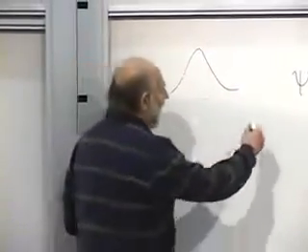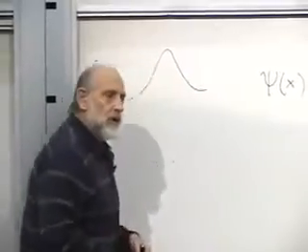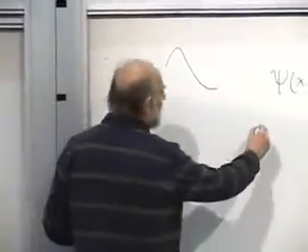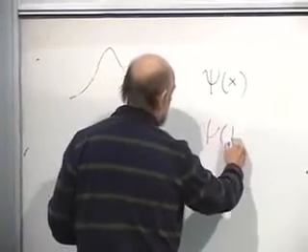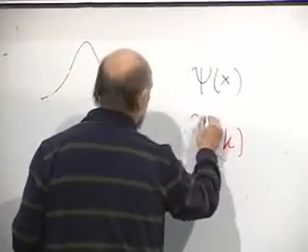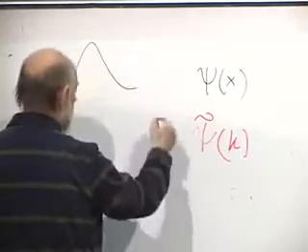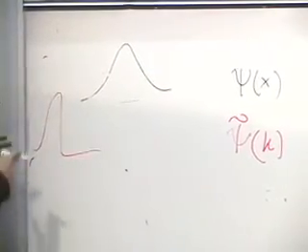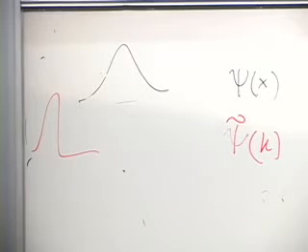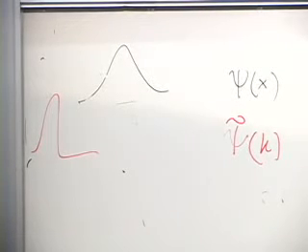All right? It's also implicit in the notion of a nice wave packet that psi twiddle of k is also a nice concentrated wave function of some sort. You mean those to be Gaussian?